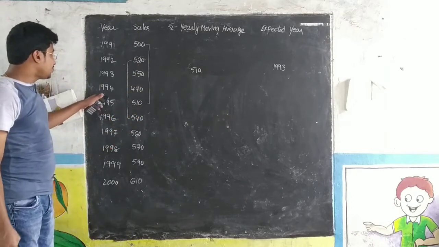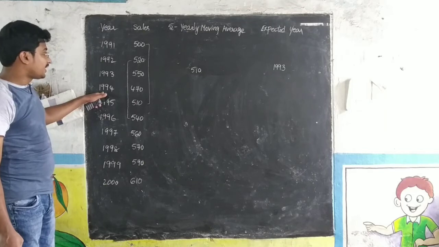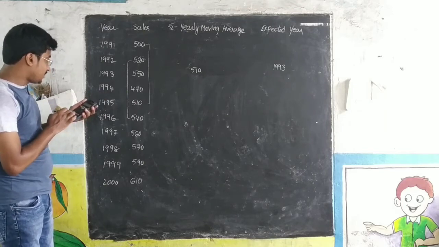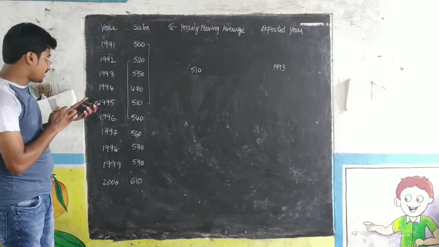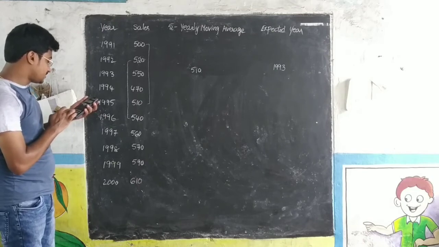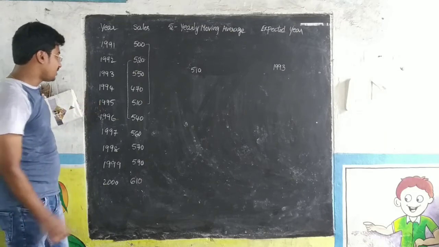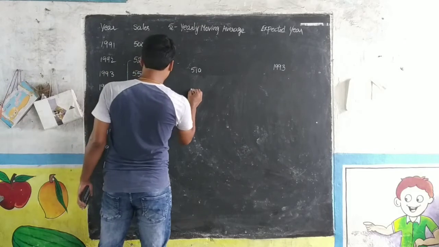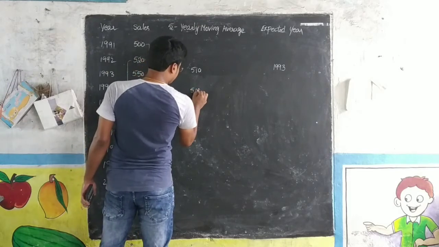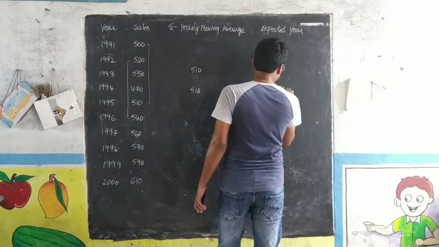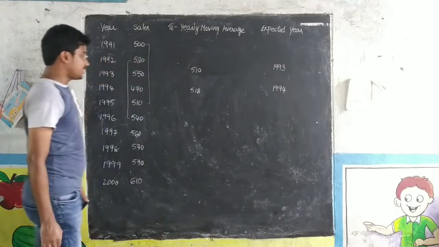Now the middle year is 1994. 520 plus 550 plus 470 plus 510 plus 540 divided by 5 is 518. The trend value 518, expected year 1994.